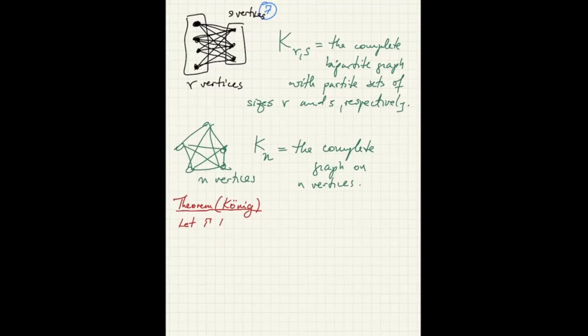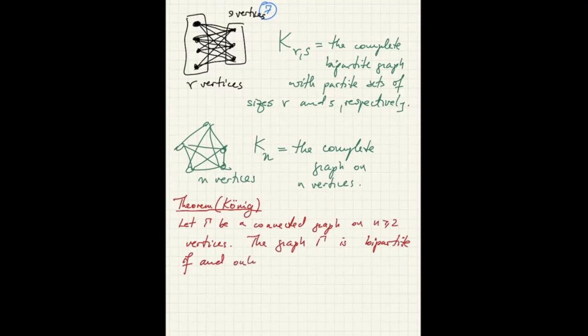So let gamma be a connected graph on n greater or equal to 2 vertices. What we'll prove is that the graph gamma is bipartite if and only if it contains no odd cycles. We'll see that this is a very useful characterization.